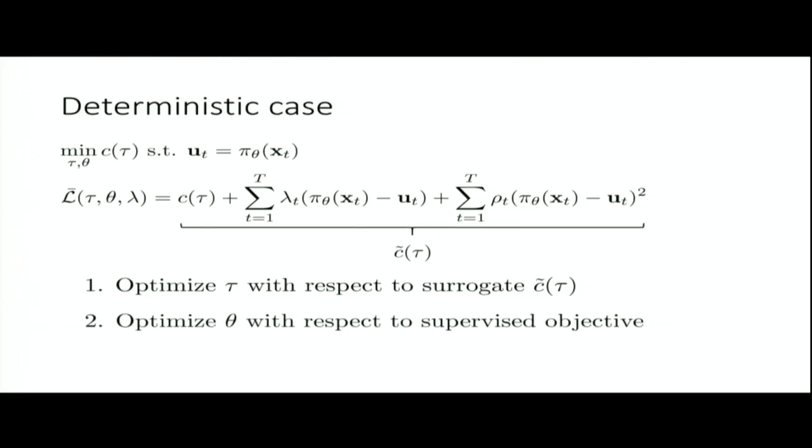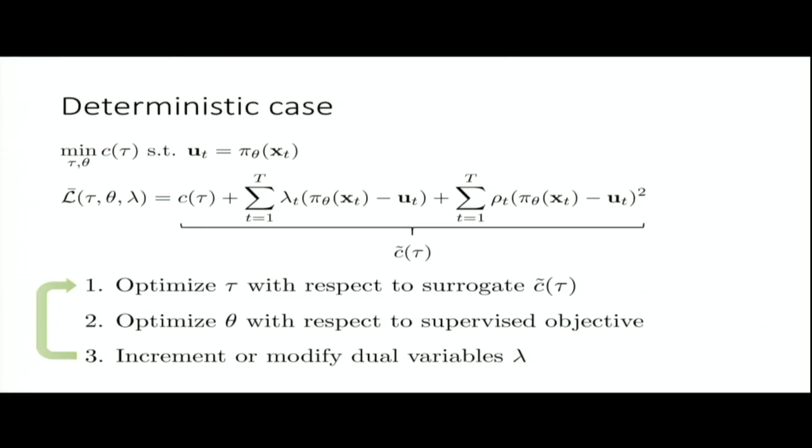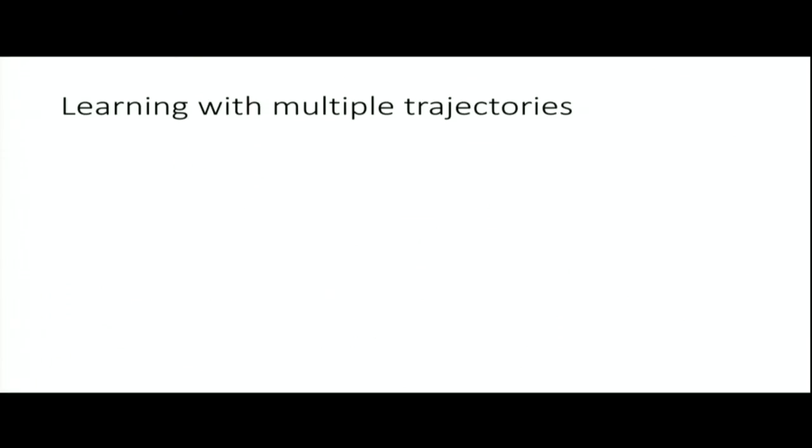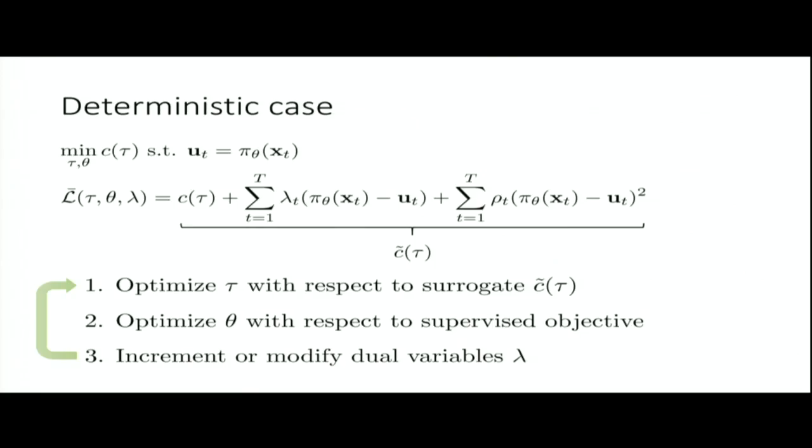It's going to optimize theta with respect to just this part of the objective, so that's a squared error minimization. And then it's going to increment the dual variables just by computing the gradient of the Lagrangian with respect to lambda. And this algorithm is actually going to do one additional thing, which is that it's going to learn not just with a single trajectory, but actually with multiple trajectories.